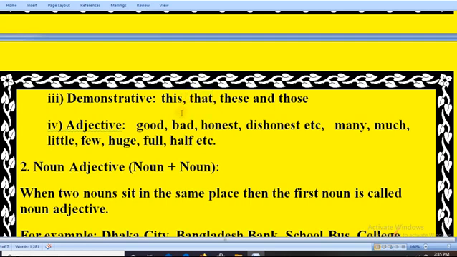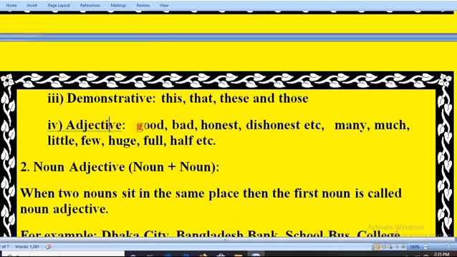And when I say that is the roof, that means that roof is not near me. Similarly, if the things are plural, then we will use these and those. These are my pencils and those are your pencils, right? These is used for plural and nearest things, and those is used for plural things that are very far from the speaker.